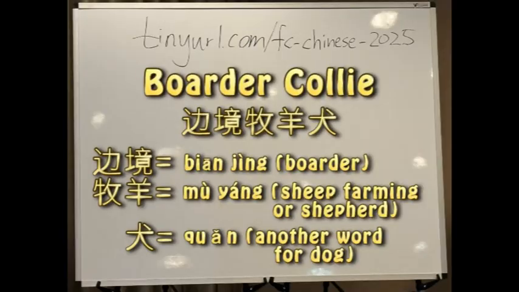That's the specific word. It's like border shepherd. German shepherd is just replacing the first two characters with German: 德国牧羊犬.